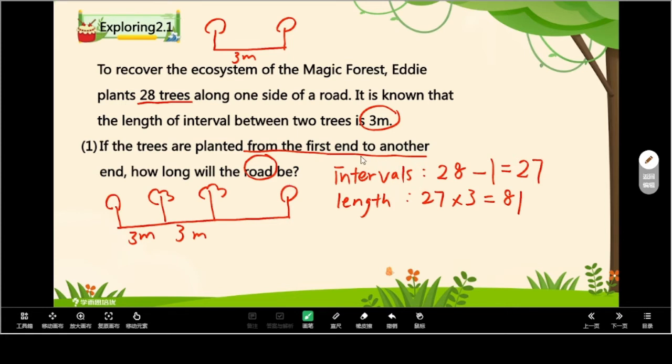And then we use the number of intervals to multiply the length of the interval to get the total length of the road. This is how we can deal with this kind of question. Remember this? And don't forget to put down your answer at the end. It is very important. Okay, so let's move on.